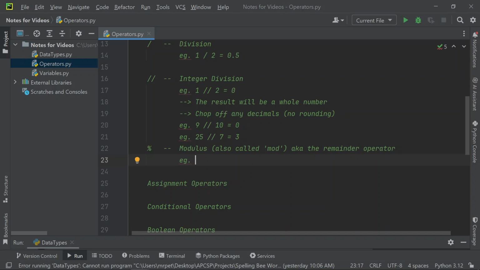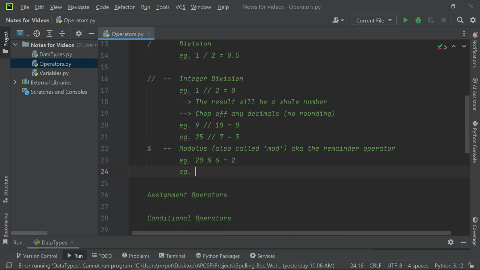So either you could get 6 point something, 6.3333, or you could write that as 6 with a remainder of 2. There's 2 left over. So this is how modulus works. If we take that example, 20 mod 6, we don't get 3.333, we get just 2. So this gives the remainder.